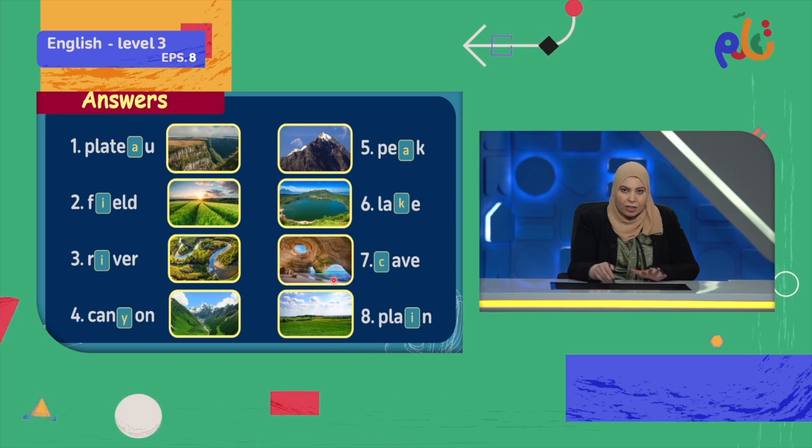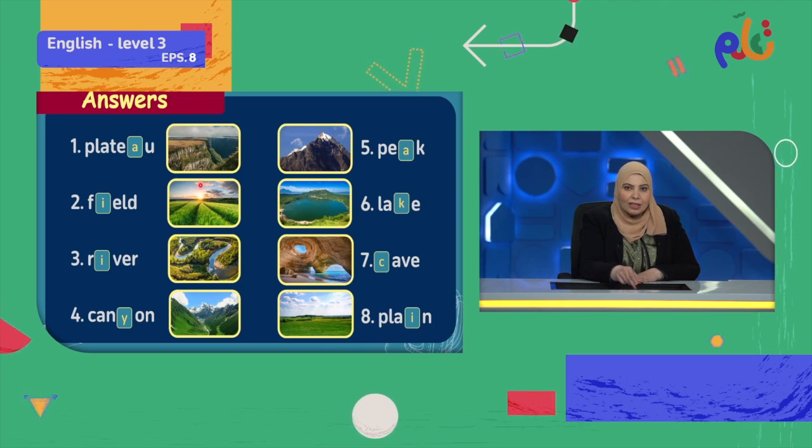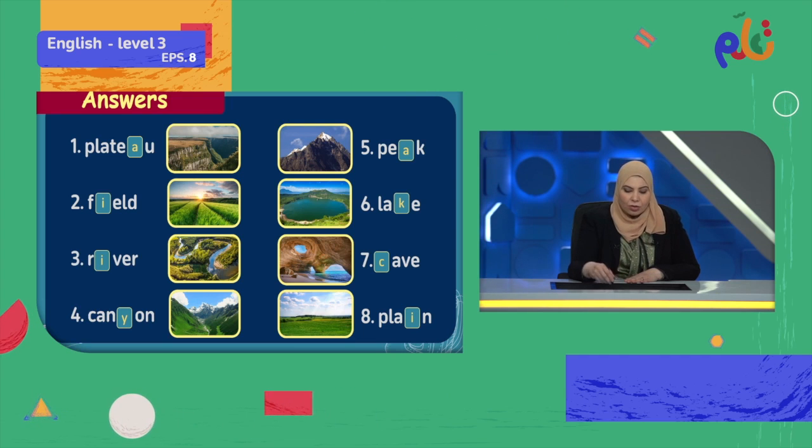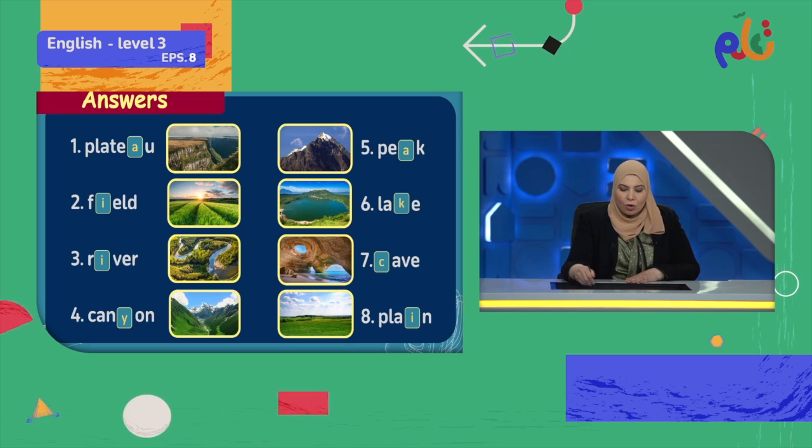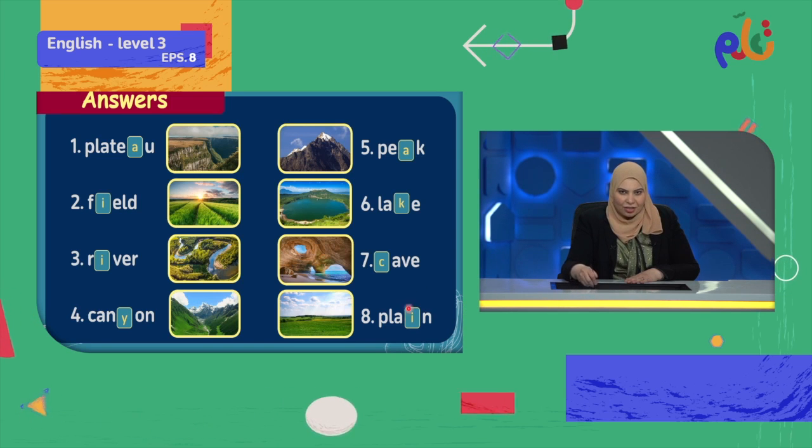It's made naturally. So field is done by human beings, it's done by us. So this is made by God, this is by human beings. So it's missing the I letter.